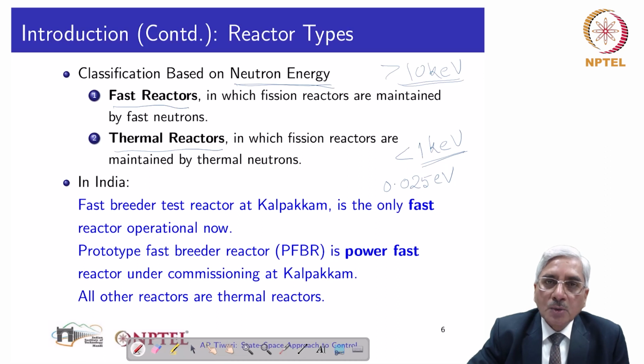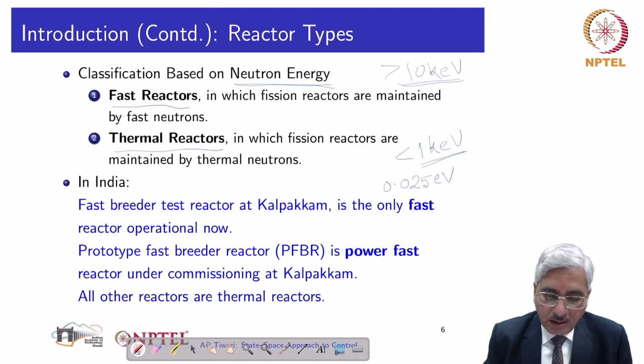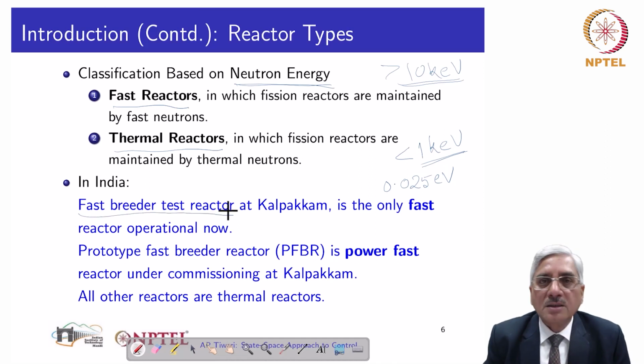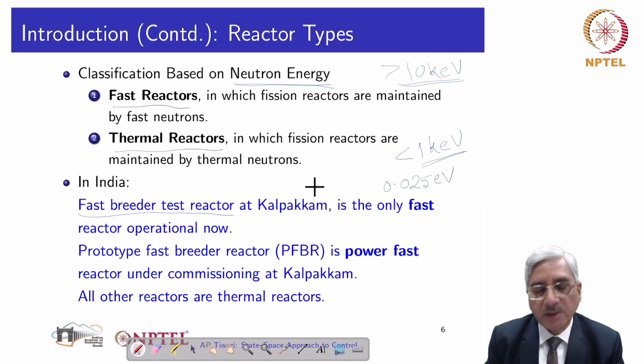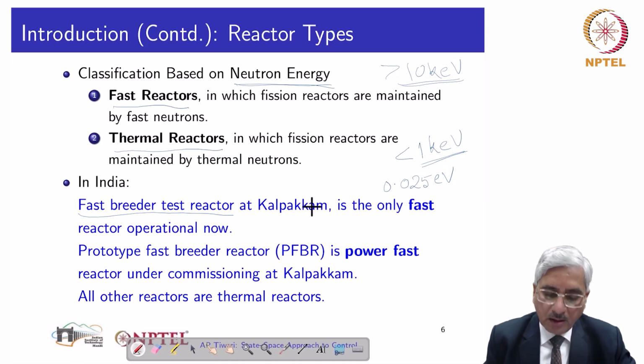So they are slowed down, their energy is brought down, and then they are utilized in thermal reactors for sustenance of the chain reaction. In India, there is only one operating fast reactor, which is the fast breeder test reactor at Indira Gandhi Center for Atomic Research, as I told just a while ago.